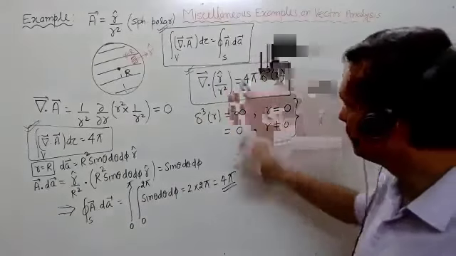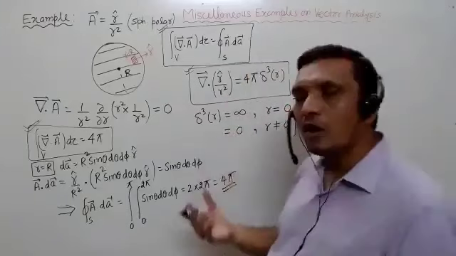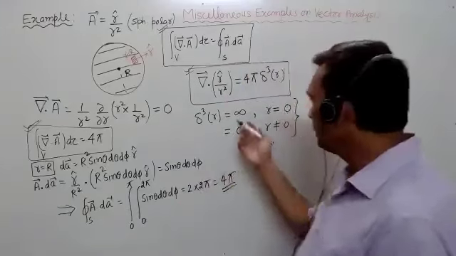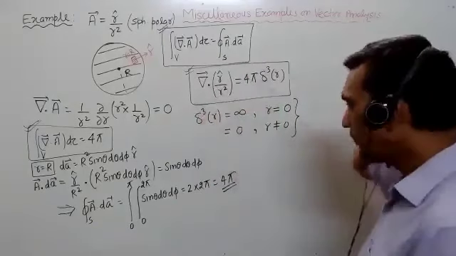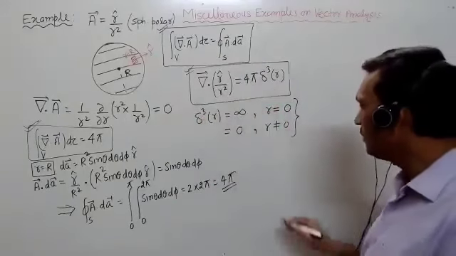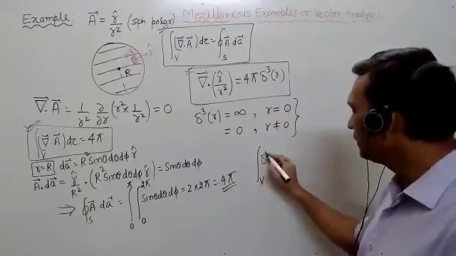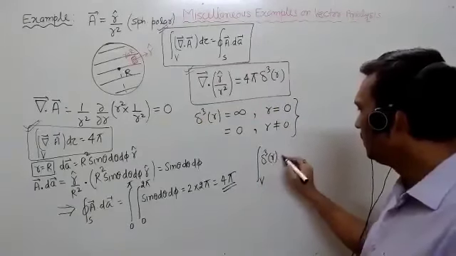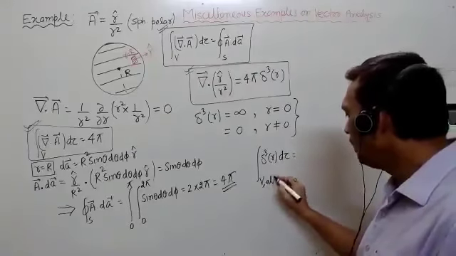Is it clear? So you have to see some properties of Dirac delta function. For example, this is the definition, how to define Dirac delta function. You have another property also, that if you take volume integral d tau, take it as all space.